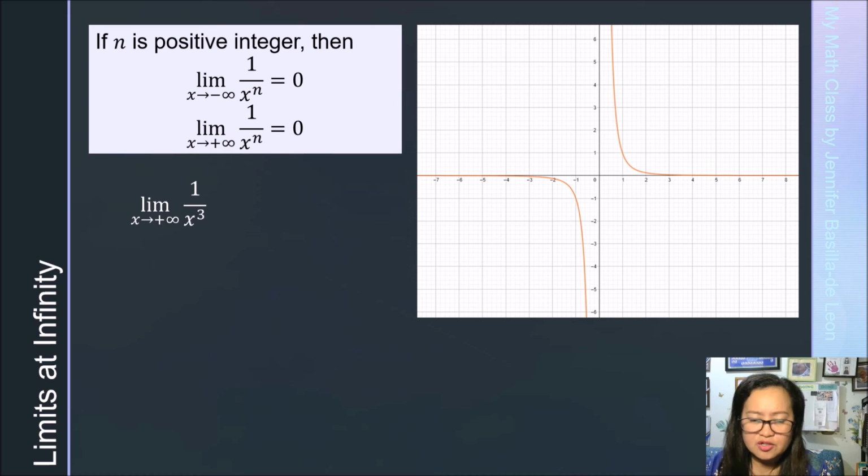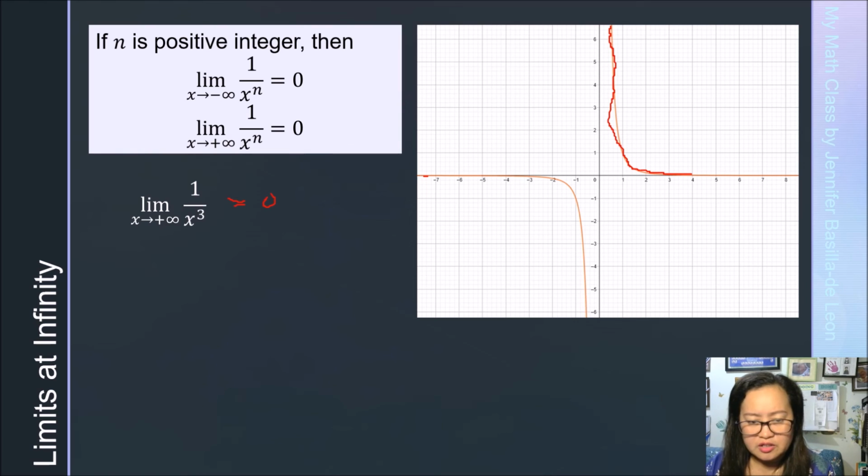So tracing this, we will have from left to right, going to positive infinity. Now take note that the graph is asymptotic to 0. Therefore, this is equal to 0.